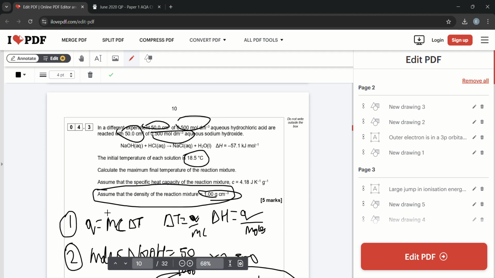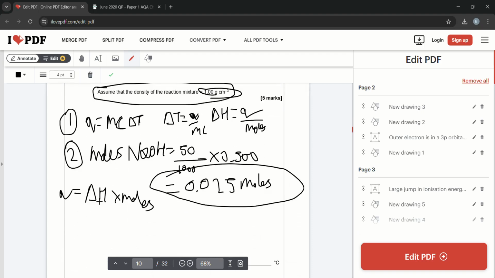So what's delta H? Delta H is minus 57.1. So Q equals minus 57.1 times by moles, right? But it's going to be minus delta H. We need a positive value.